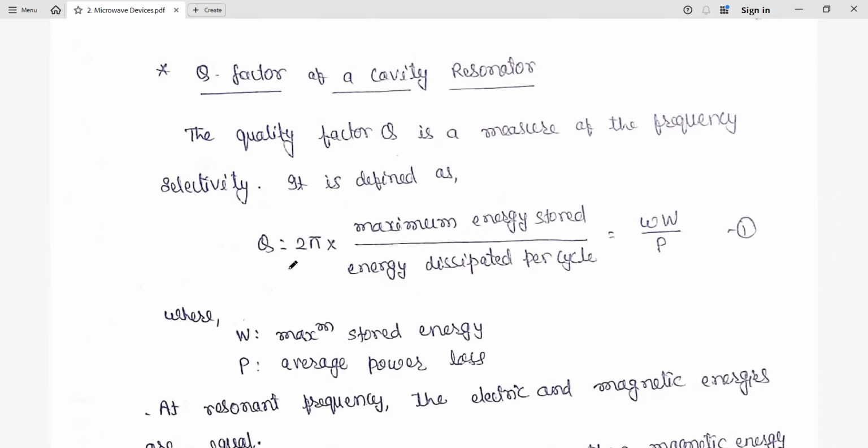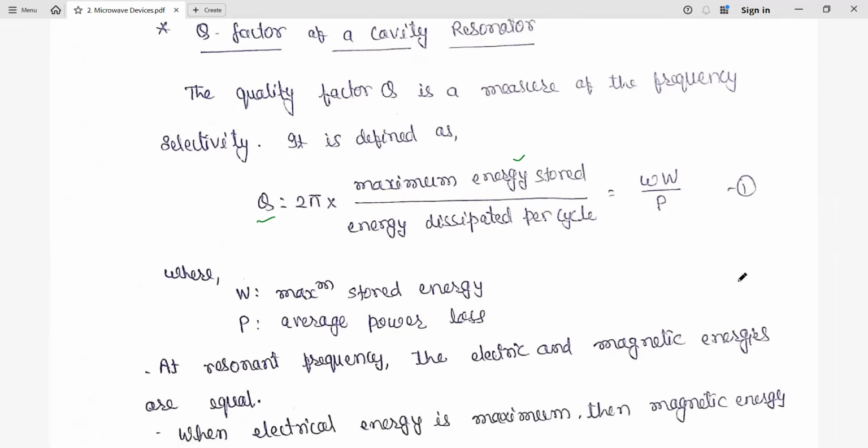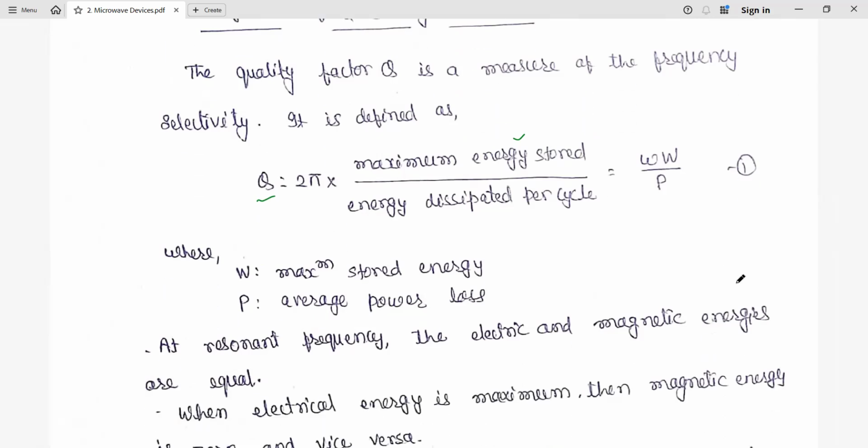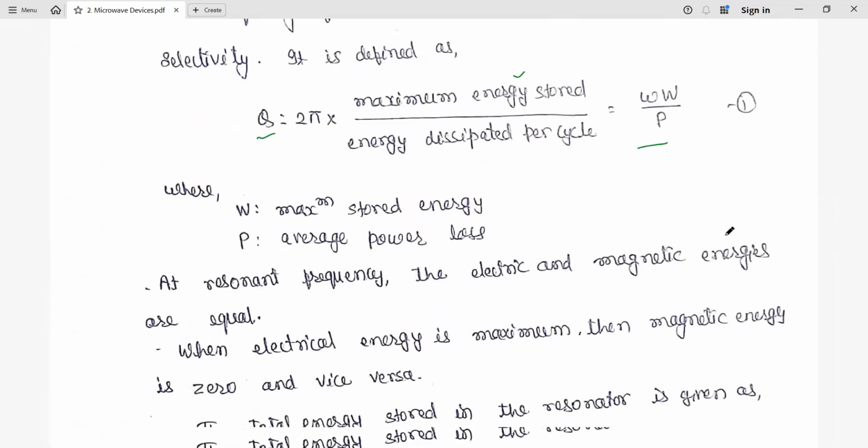From the previous lower class, we have the quality factor definition: it is 2π times the maximum energy stored per cycle over the energy dissipated per cycle. So that is ωW by P, where W is the maximum stored energy and P is the power loss. This formula is important that we need to keep in mind.